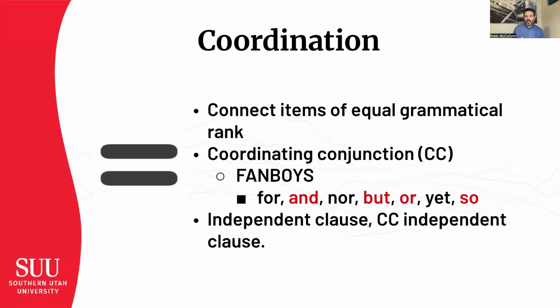And the way that we can form compound sentences is by beginning the sentence with an independent clause, okay, a regular sentence, putting a comma at the end of that sentence, using the coordinating conjunction, and then having our second sentence. Now, technically, we could put a period between them, have an independent clause and a period, and then begin a second sentence with a coordinating conjunction and have the rest of the sentence.